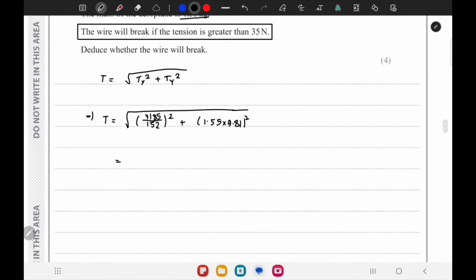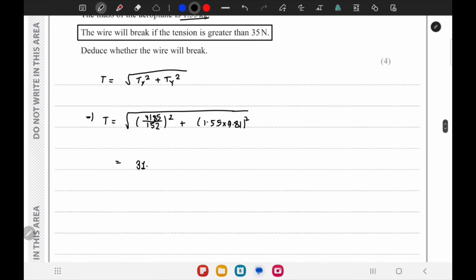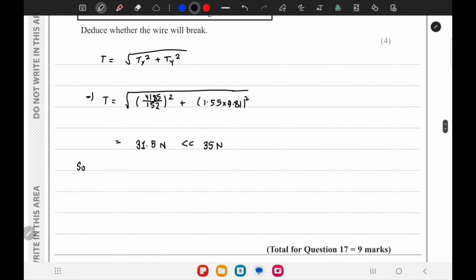So we get a value of tension to be 31.5 newtons. This is less than the maximum tension of 35 newton, so the wire will not break.